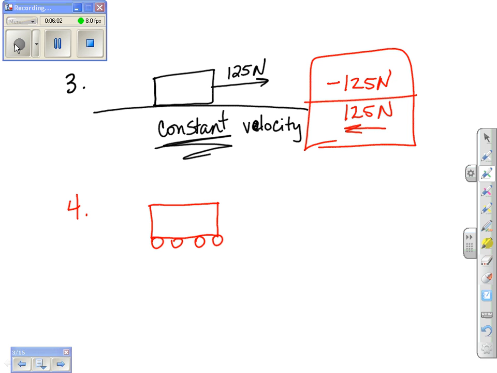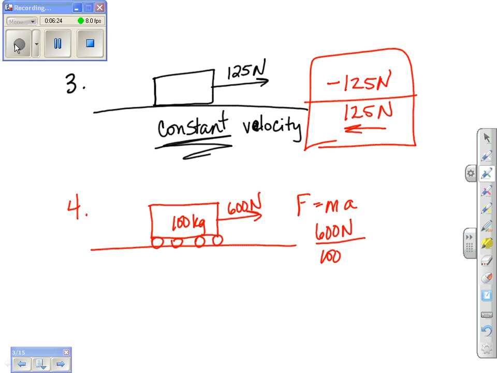It's going to be going on our surface, moving towards the right with 600 newtons of force applied, and we know the mass to be 100 kilograms, so we want to say F equals ma. So 600 newtons divided by my 100 kilograms would give me an acceleration of 6 meters per second squared. Easy, easy, easy.